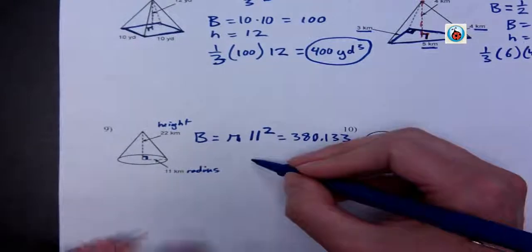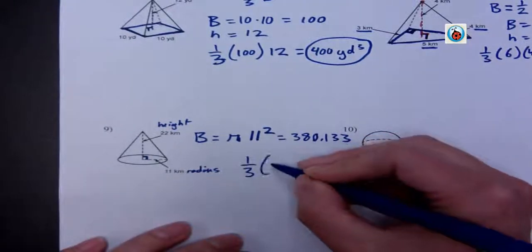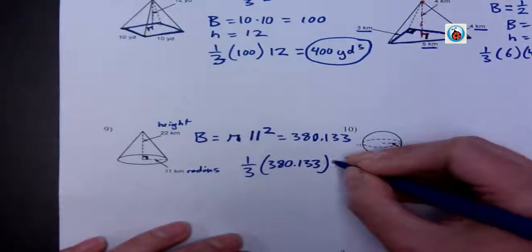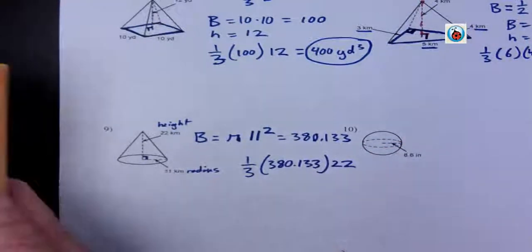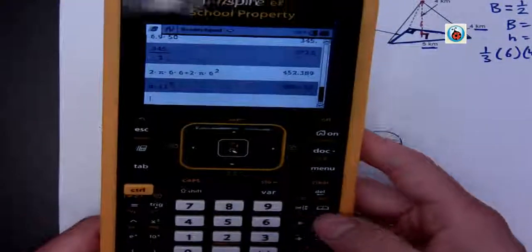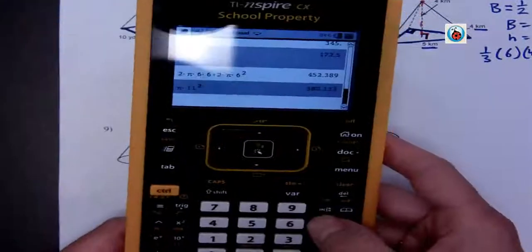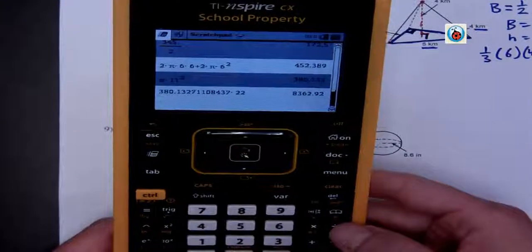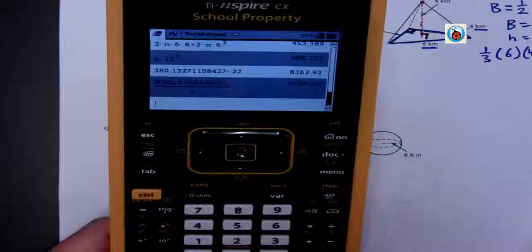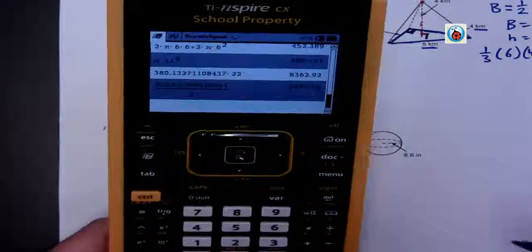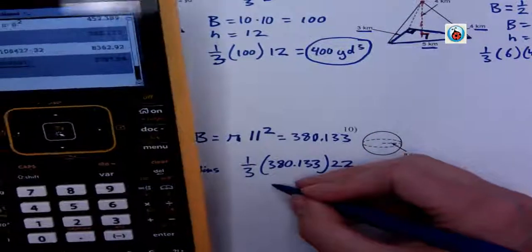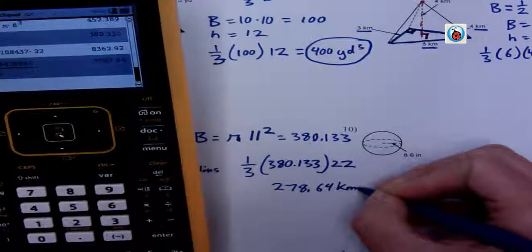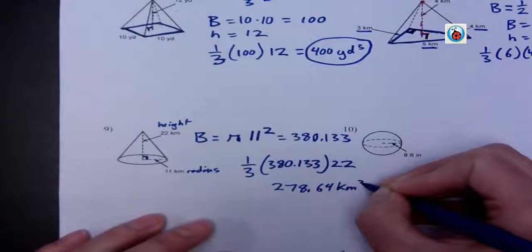And so I just do that times 1/3 times 22. And so in my calculator to save time, I'm going to do it times 22, copies the answer for me, and then divide by 3, which is the same as 1/3. And it comes out to 278.64 kilometers cubed.